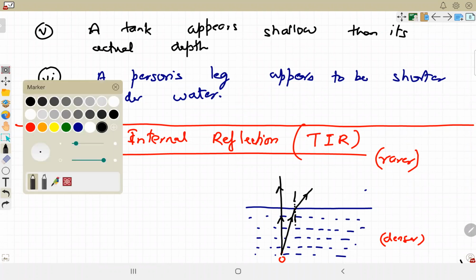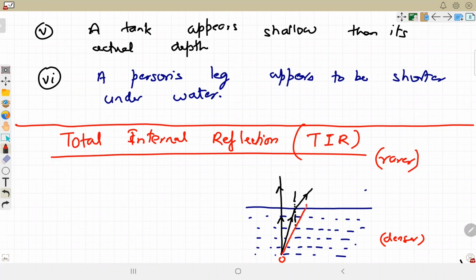As the angle of incidence increases, the angle of refraction will also increase because sin I by sin R is constant. There will be a particular angle for which R keeps increasing and it will become exactly 90 degrees.